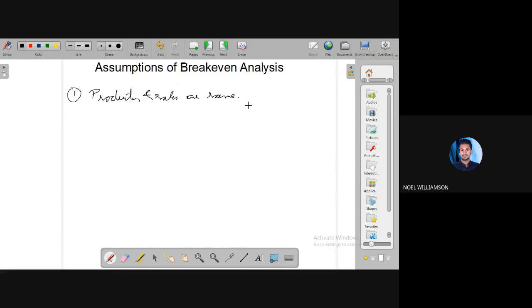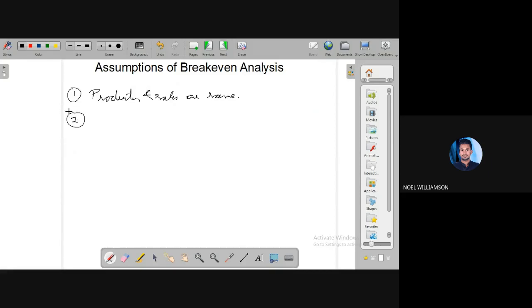But in actual case, if you produce say 6,000 products in a company, at a time this 6,000 will not be sold. Maybe 4,000 will be sold, and the remaining 2,000 will be kept as inventory, kept in the godown. But here we are making an assumption that what all things are produced will be sold at the same time. So this is the first assumption, that is production and sales are same.